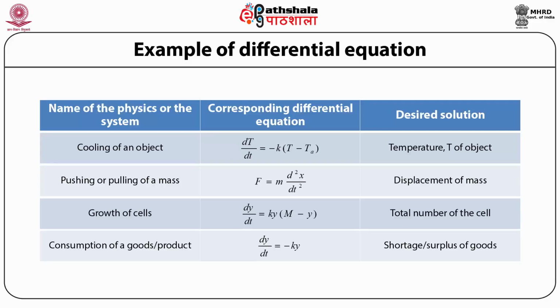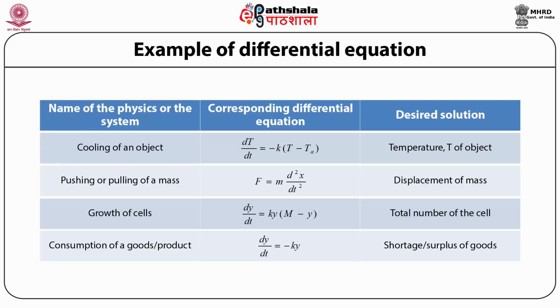Cooling of an object. Any cooling type of problem can be solved with this equation: dT by dt is equal to minus k times (T minus TA). The capital T refers to temperature and small t refers to time, and these are standard notations, so please follow the same.